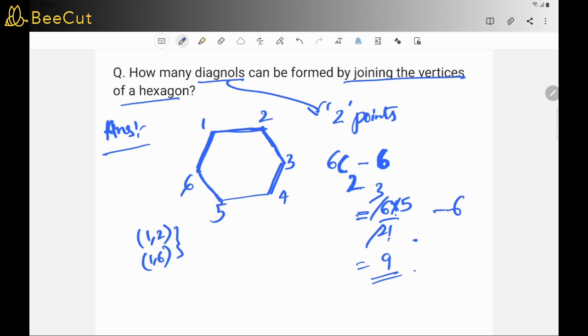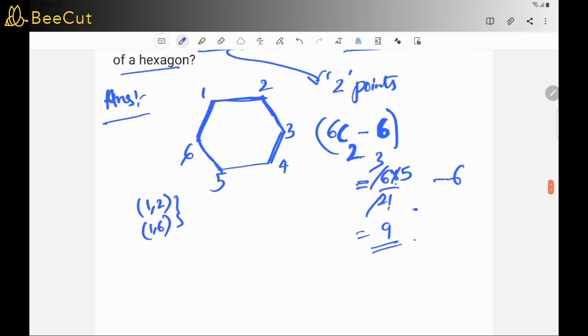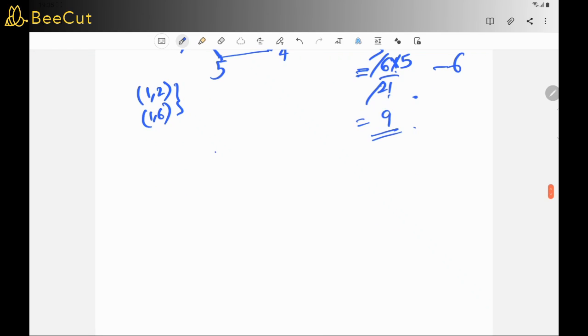If we subtract this 6 from 6C2, we will be able to get only those points that, when joined, can form a diagonal. Now we can extrapolate this. Let us assume a square. We all know that in a square we will have 2 diagonals. So there are 4 sides in this square, so 4C2 minus 4.